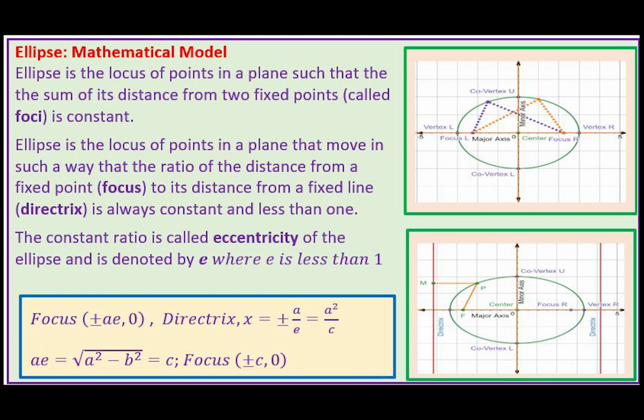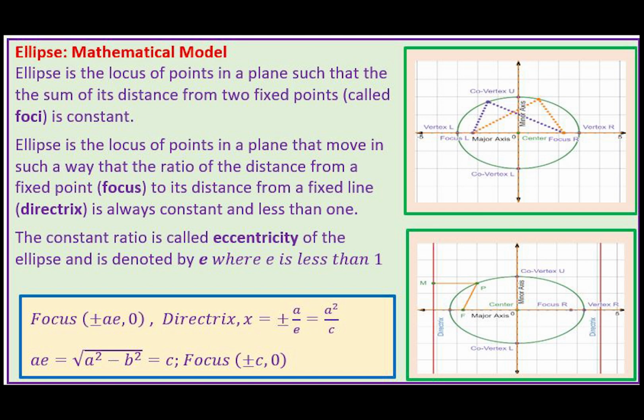An important parameter which we can always calculate is the square root of a squared minus b squared, which we write as c. So c is the distance of the focal point from the origin when the ellipse is given in the standard form.